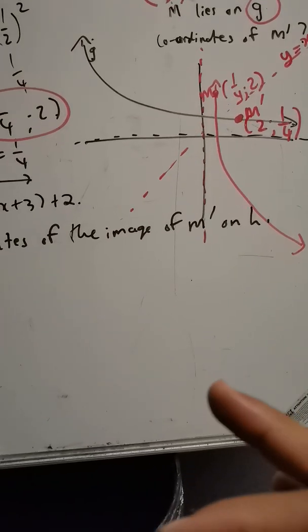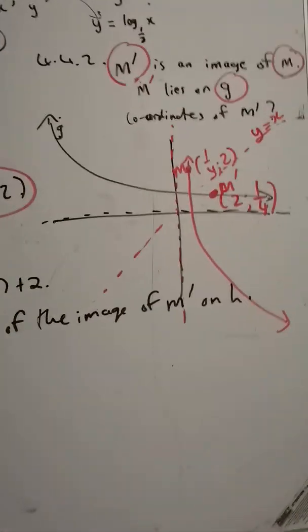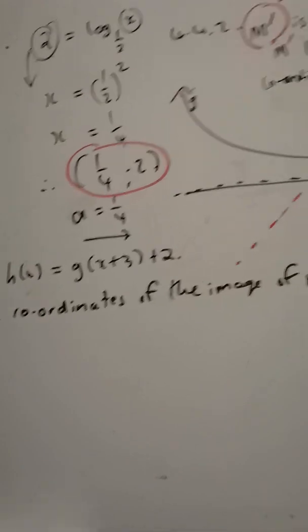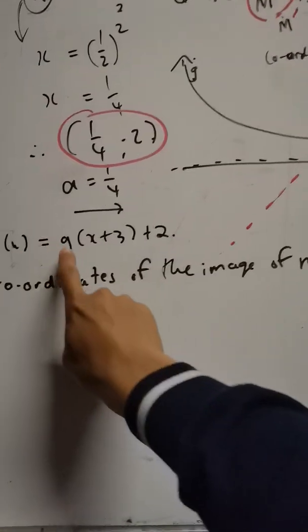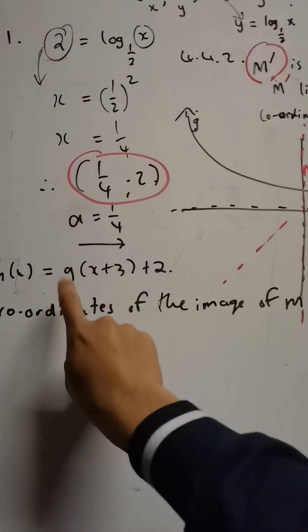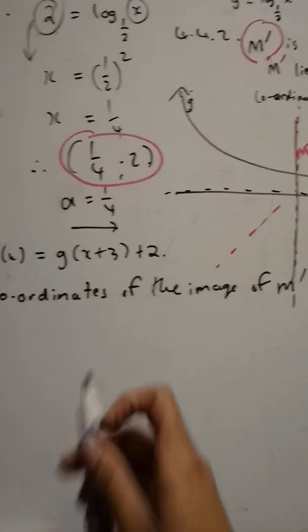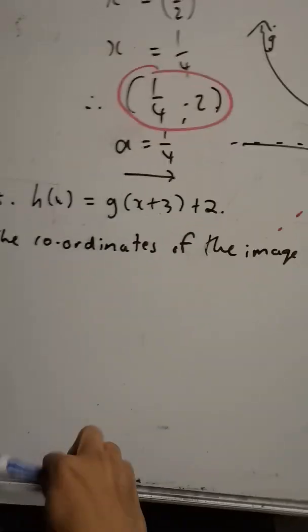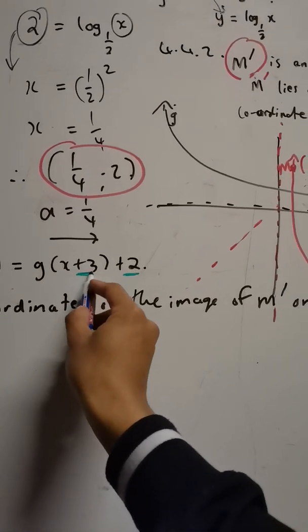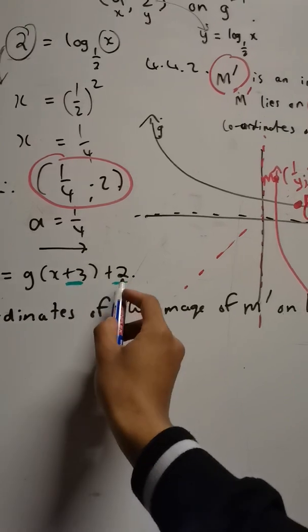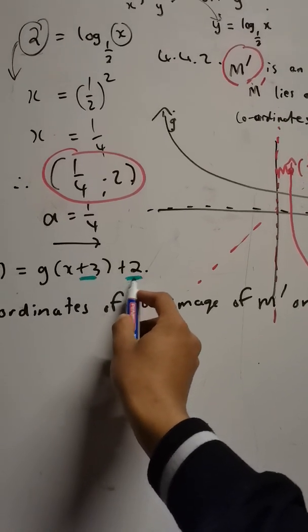So m dash lies on the original graph, okay, and the original graph is g. So h of x is a translation of g, and we can see here that we added 3 to the x, this is the p value, and we added 2 to the q value.